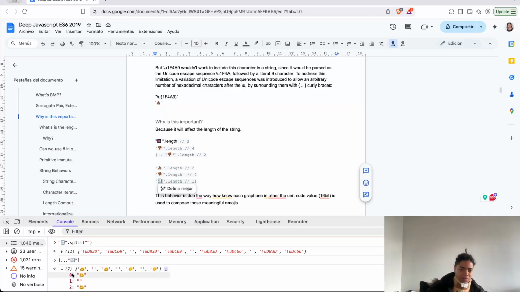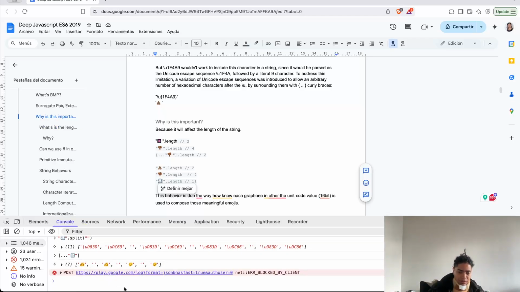This is how Unicode decided to internally represent this family icon. I think this is polemic because a lot of people say family can be more, like two women in a relationship, yada yada yada. But we're talking about the biology, so don't get offended. If you want to submit any request, please do that with the Unicode team.